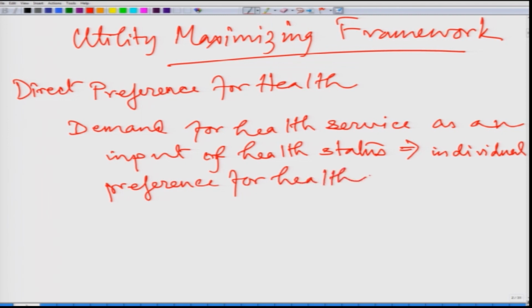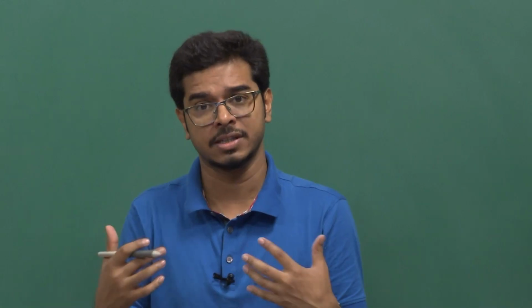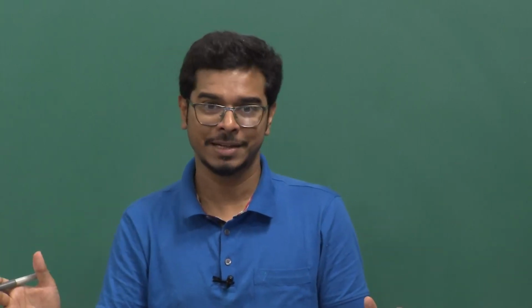Now, a sick person's preference for health will be different from a healthy person's, and the sick person's demand for health service as an input towards improving their health status will be different from that of a healthy person.